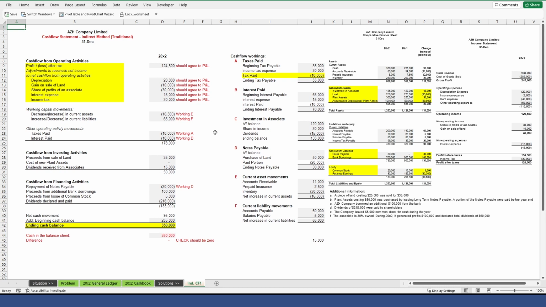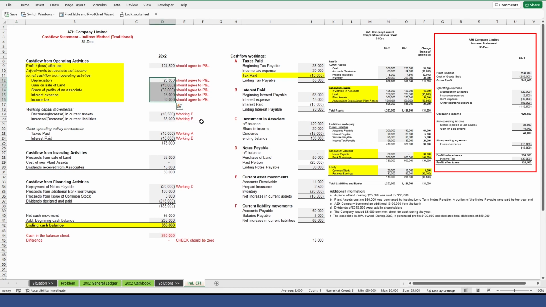You should also double check if you have accounted for all of the income statement items properly, and if you have inputted the correct sign in all of your accounts. For example, if you forgot to put a negative sign in one account, you will see a difference in your cash flow check.